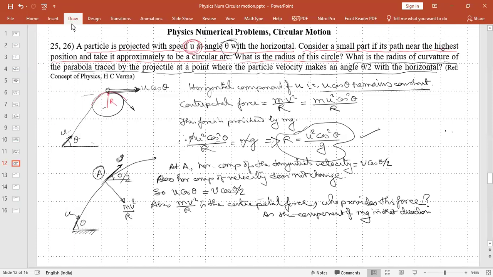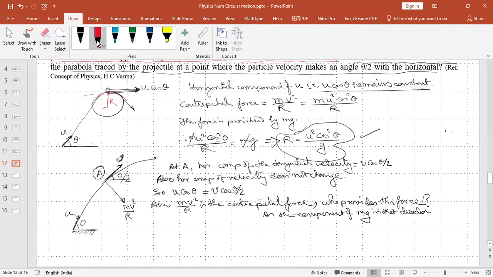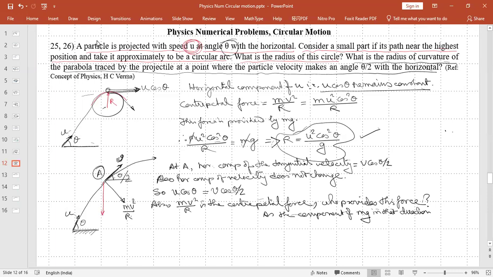Now we try to draw the mg. This is mg, and this angle is theta by 2. So the component of mg in this direction is mg cos of theta by 2.